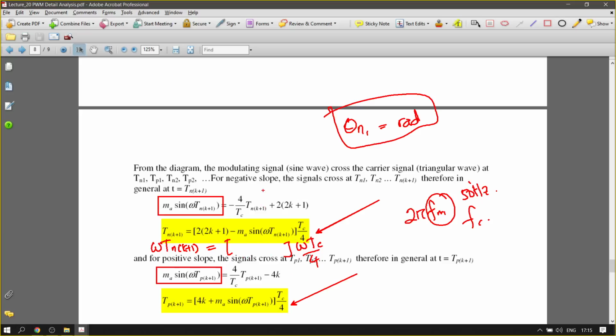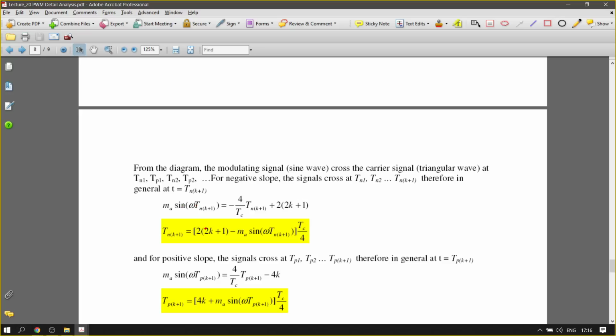And then, in here, we look carefully at this equation. If I multiply by omega, and on the right side omega multiplies that too, then you get theta n k plus 1 equals to 2k plus 1 minus ma sin, and this is also theta, isn't it?